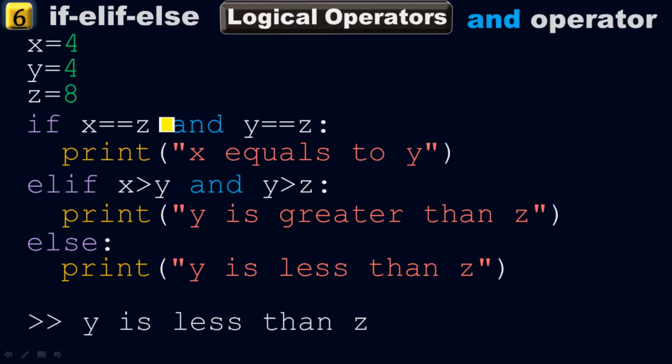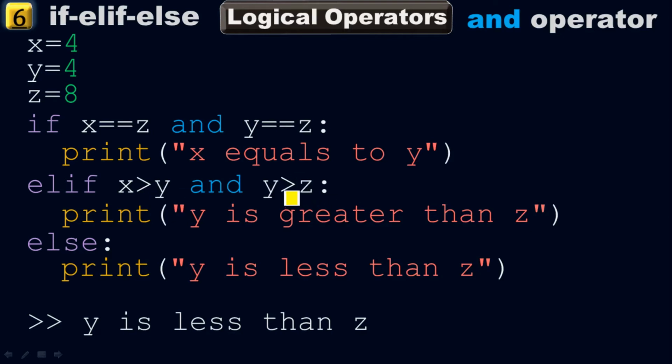And the program will jump to the second option, which is the elif, where we have x is greater than y. What is x? x is 4 and y is 4. So the first term is not true because x equals y, not greater than y. Therefore, the first term is not satisfied.